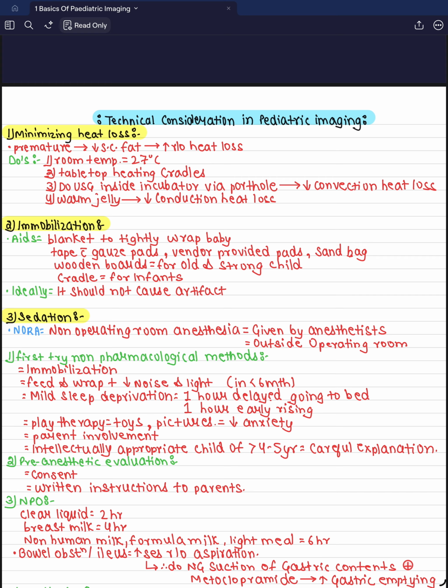So these are the various things with which you can immobilize the baby. And can you imagine that if you use these devices, there is a possibility that they may cause some artifact during imaging, right? So what is the ideal immobilization device? Ideal is one which should not cause any artifact.